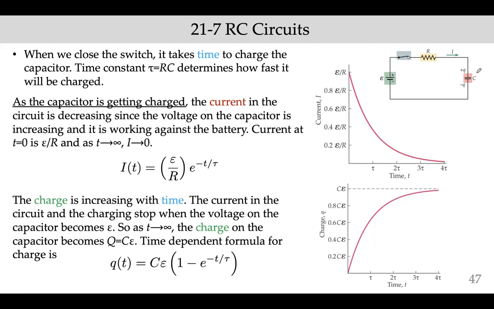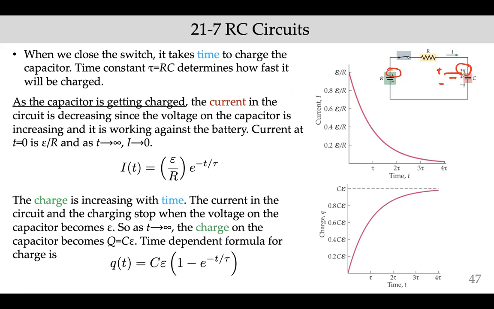Now, as the capacitor is getting charged, it becomes like a battery, positive and negative. This end of the capacitor is getting positively charged, and the reason for that is this end is connected to the positive terminal of the battery.